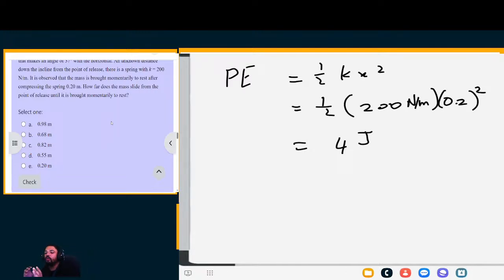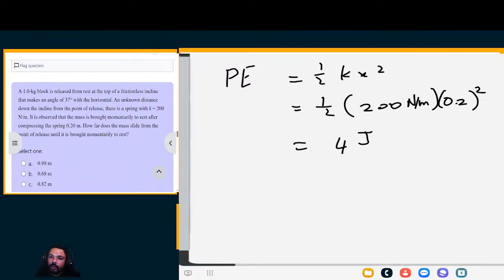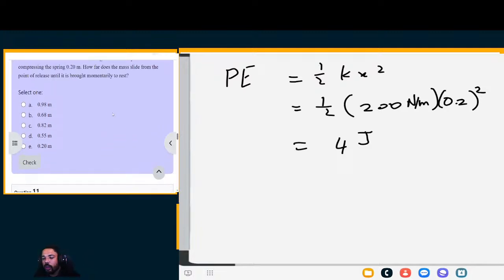Now, in order for it to impart 4 joules of energy, since it started from rest, it had 0 energy initially. But then it gained energy due to the parallel force, and this energy was transferred to the spring. Since it's a frictionless incline, as they tell us, no energy is lost.